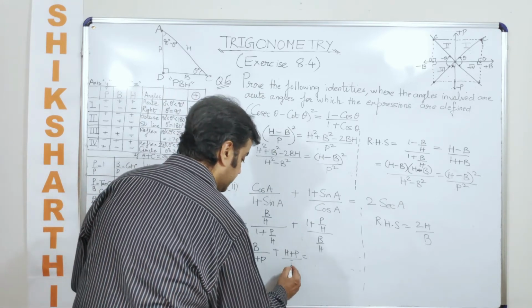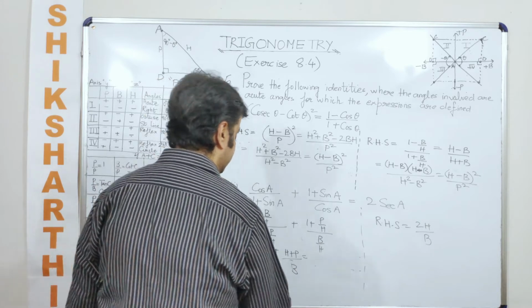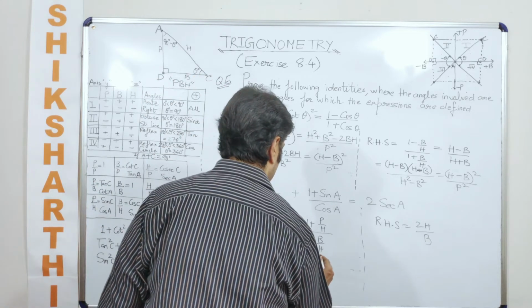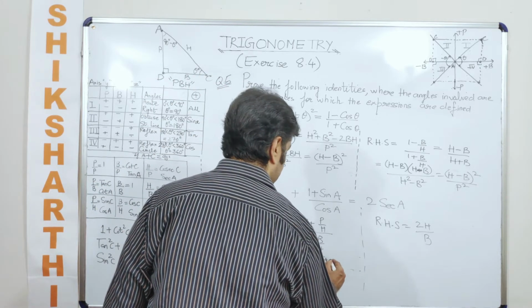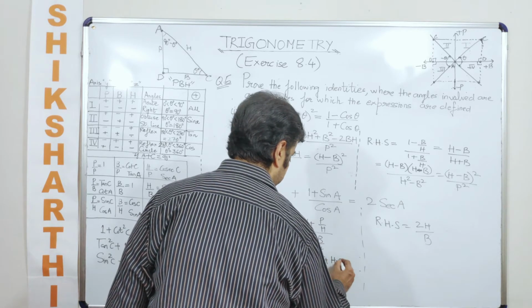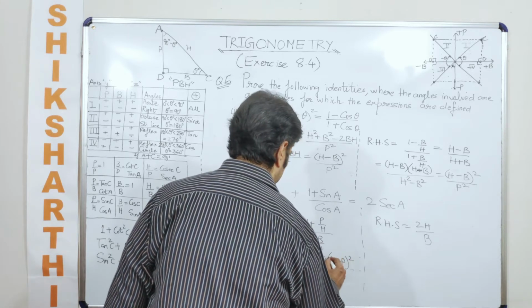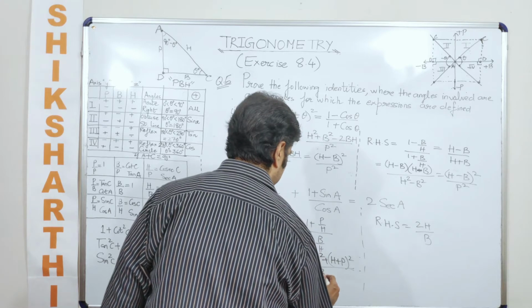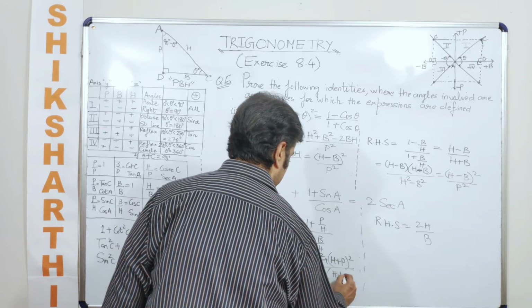Okay, so once we have written it like this, now after I take the LCM, can I say this is nothing but b square plus h plus p whole square divided by b times of h plus p? Yes.